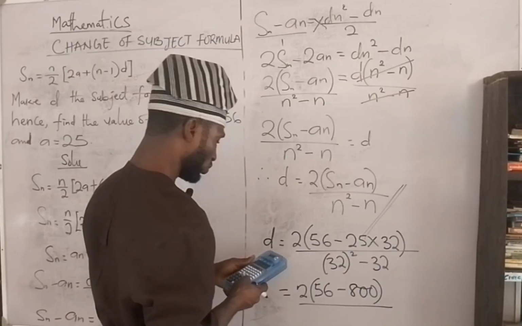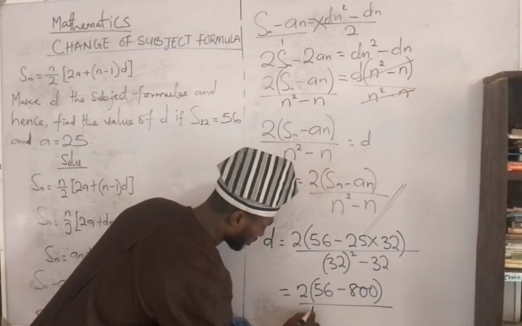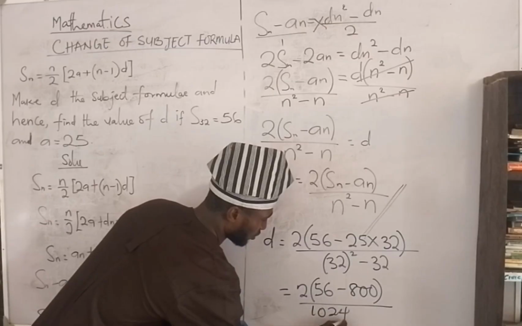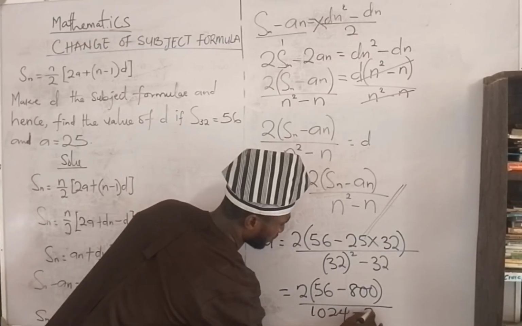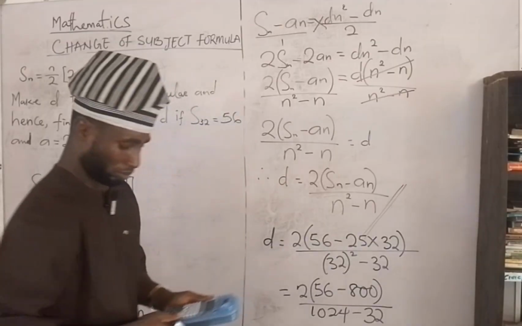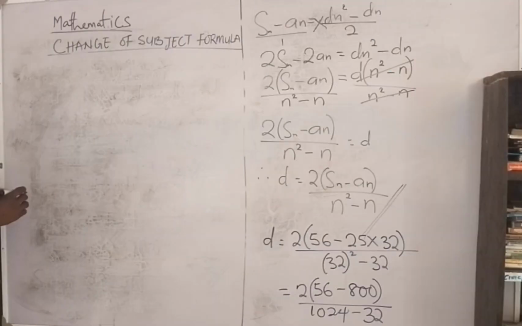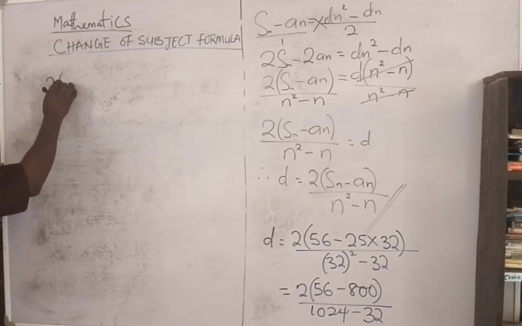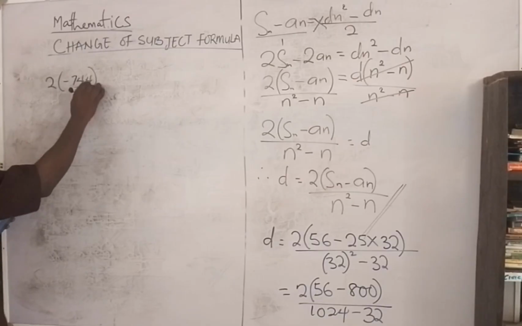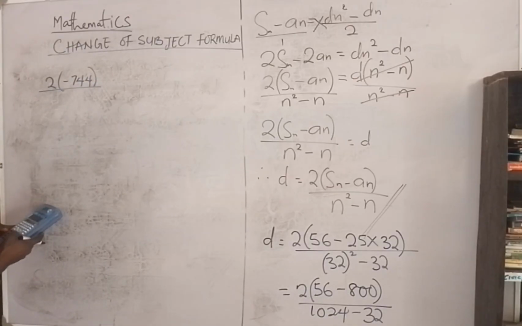Over 32 square is 1024 minus 32. So let's convert. That gives us 744. That's 2 in bracket minus 744 close bracket, then 1024 minus 32.